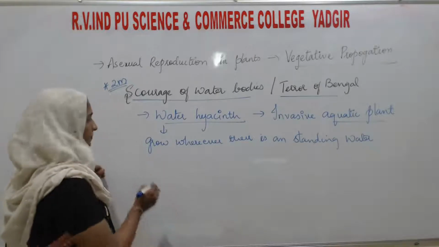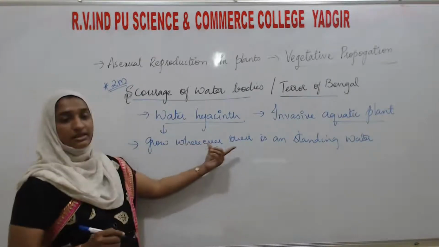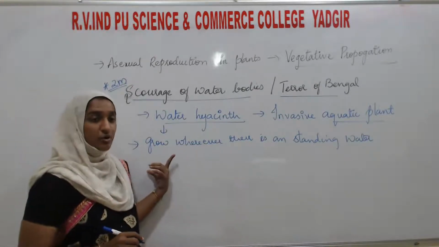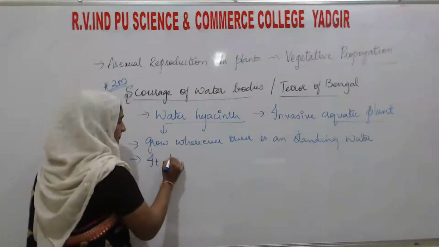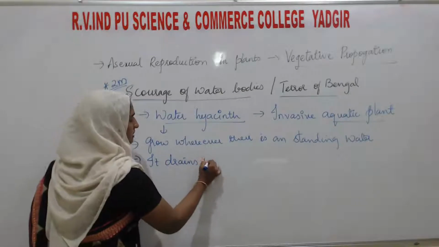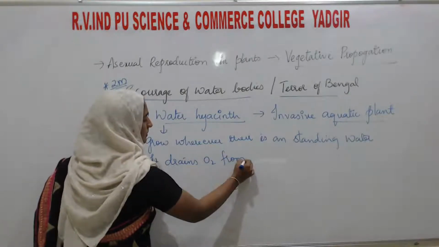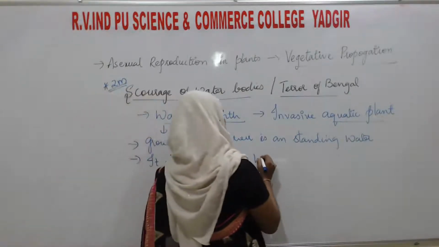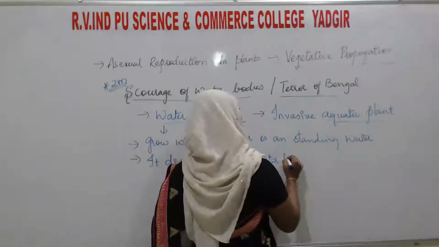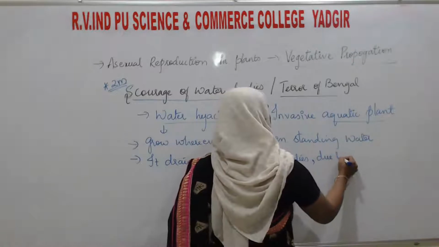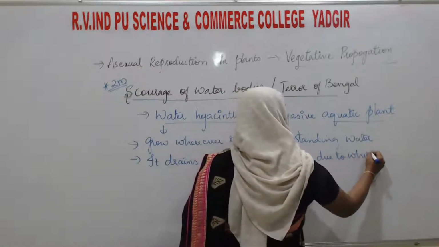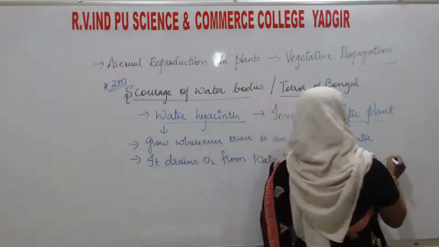It grows wherever there is standing water. Next point about this water hyacinth: it drains oxygen from water bodies, due to which aquatic animals start to die.